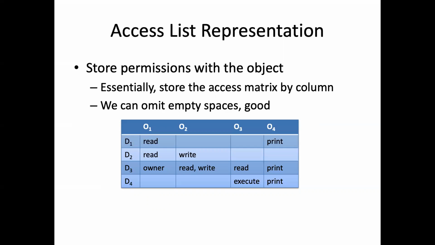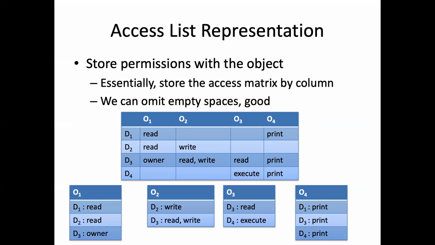So for the table I've listed here, if you're running in domain D1, you should be able to read from the object. Same thing for D2. For D3, we're pretending that's the owner of the object. An access list representation would be a compressed way of representing the columns of this table.